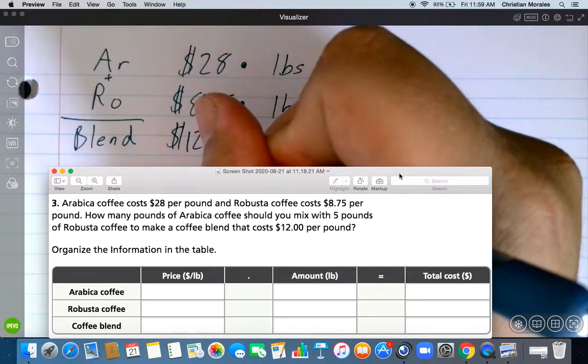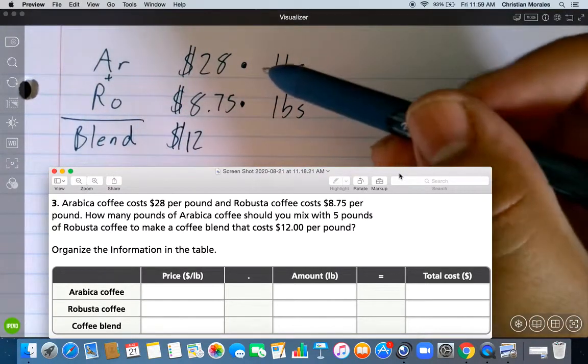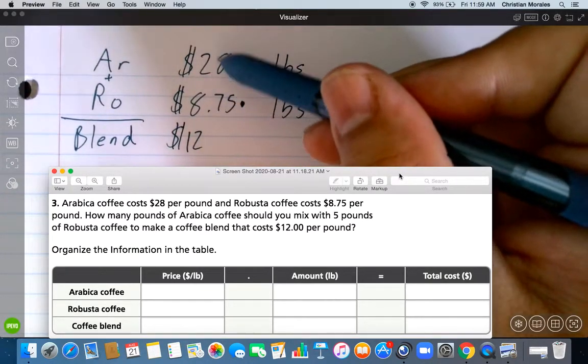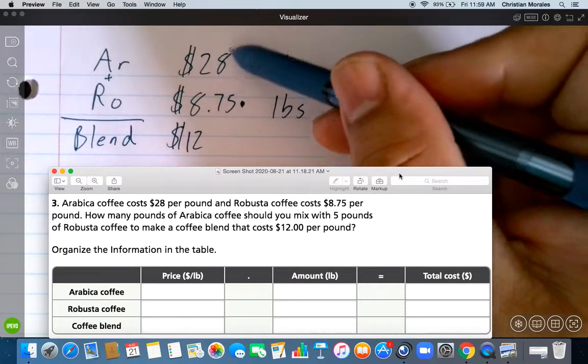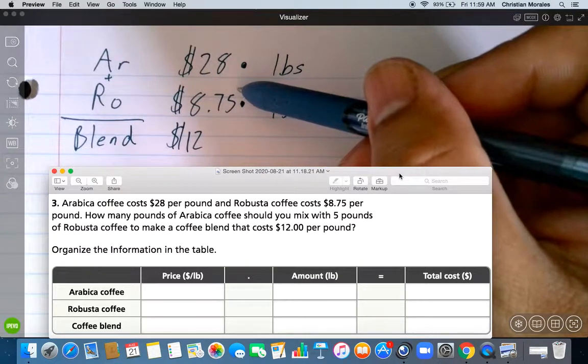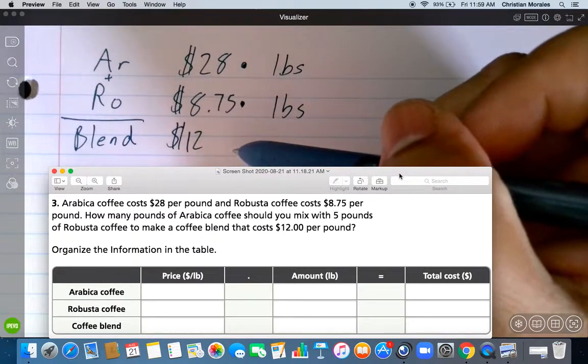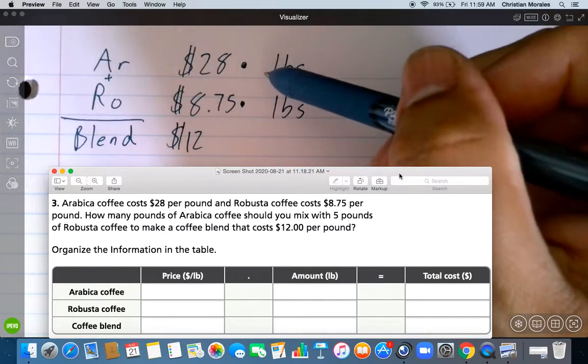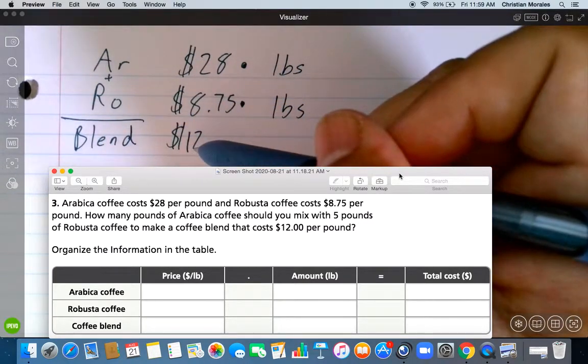The rule of business here is that if you sold this separately, the 28 and the 8.75, you should still make the same amount of money as if you sold it mixed together. So these two prices and pounds should be equal to the price and pounds of the blend.